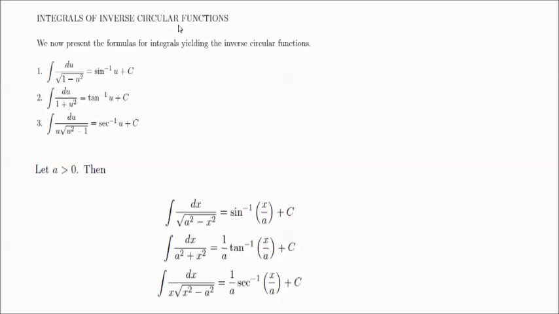Integrals of inverse circular functions naman tayo, class. Itong mga integral nila is yung mga inverse. Kapag merong ganitong ayos kayong nakita, du over square root of 1 minus u square, that is equal to, yung integral niya is inverse sine u. And this one, kapag ganito yung ayos niya, integral niya is inverse tangent. Integral nito is inverse secant.